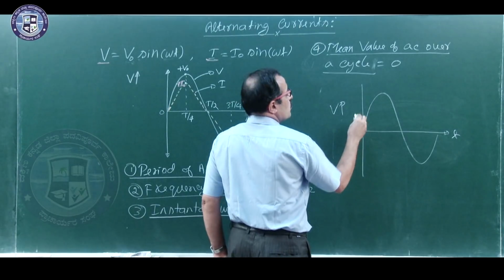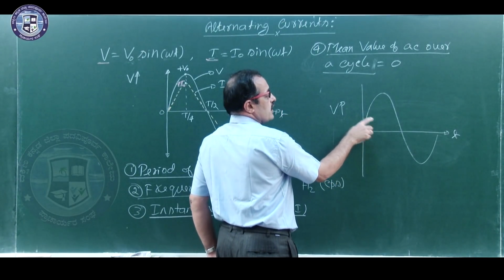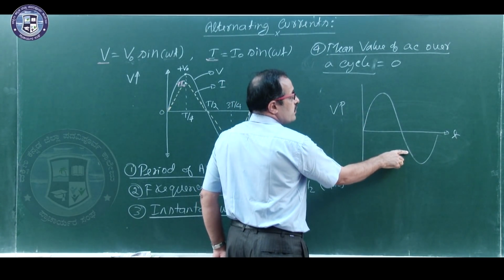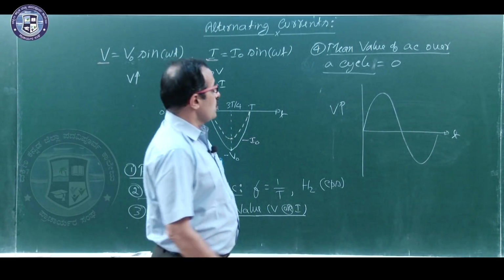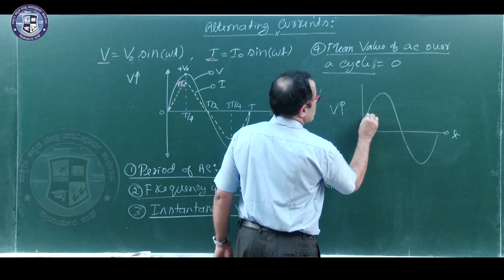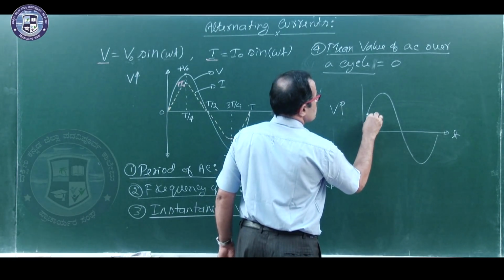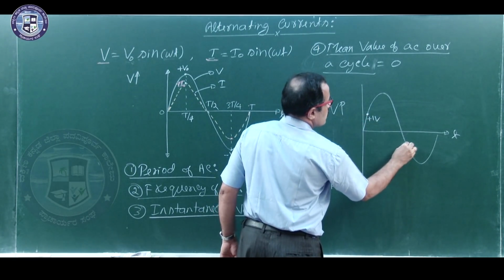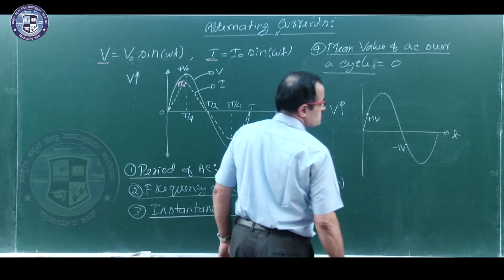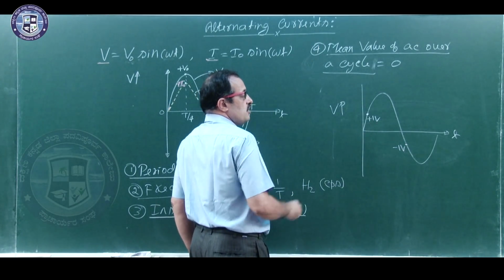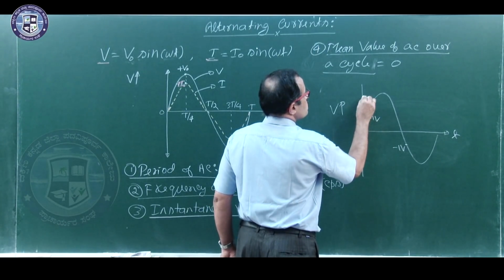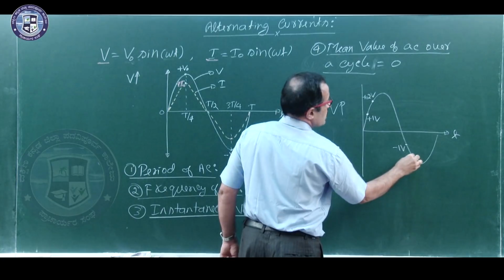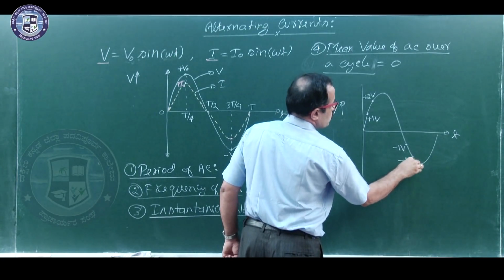The answer is very simple. For every positive value here, there is a corresponding negative value, and when you add them, the sum becomes 0. For example, here it is plus 1 volt. Here we have minus 1 volt, because the graph is symmetric. Plus 1 volt, minus 1 volt, they cancel each other. Or plus 2 volts, here it is minus 2 volts.